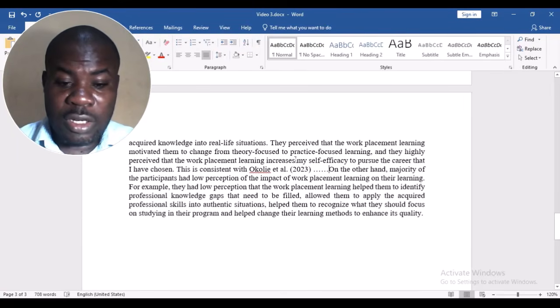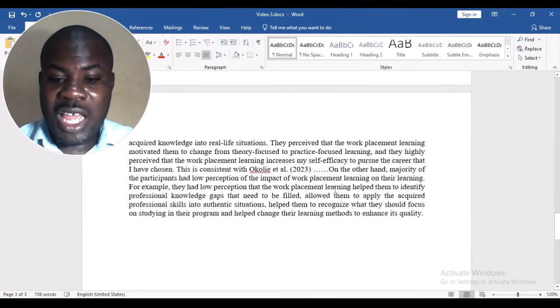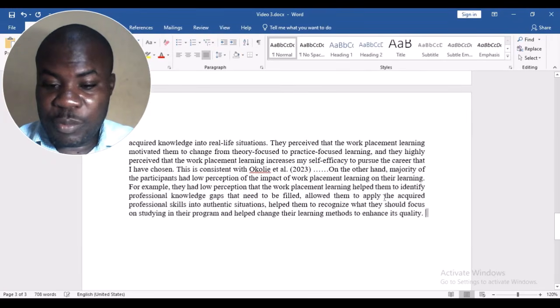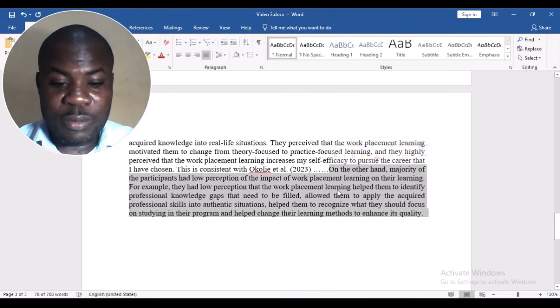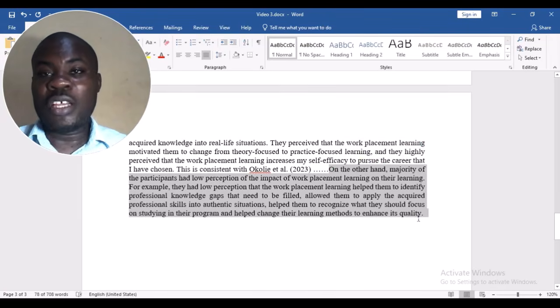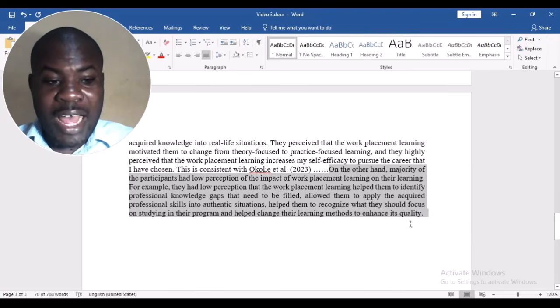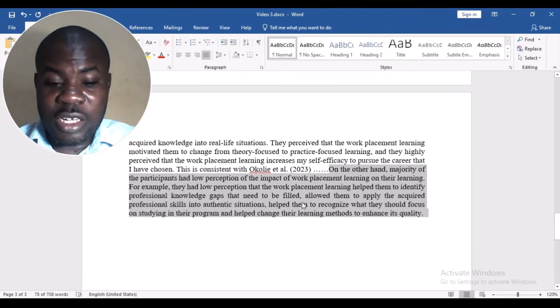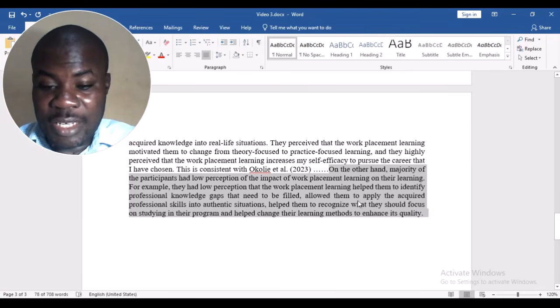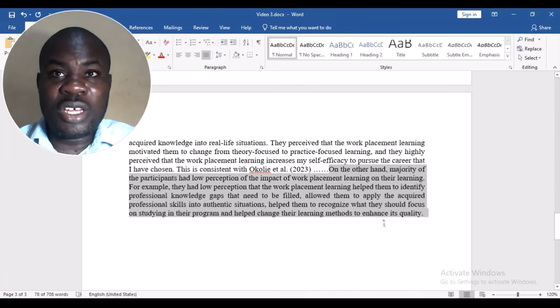You can use one or more previous studies to support this, and the same thing is applicable to the area where the students perceived low. Again, you may want to see why they had low perceptions on these other items. It could be an issue of context.